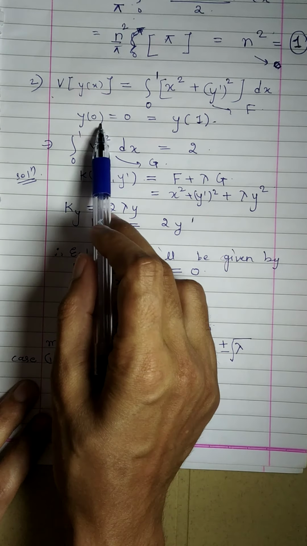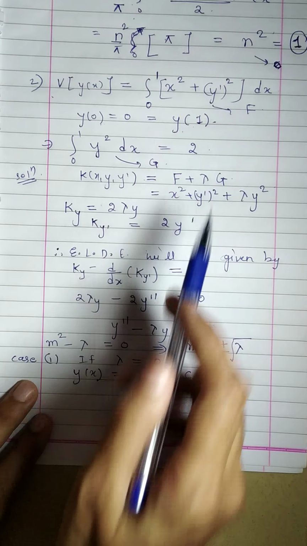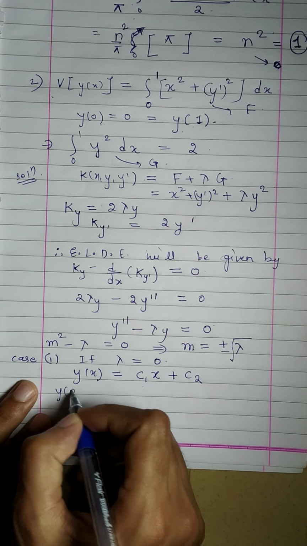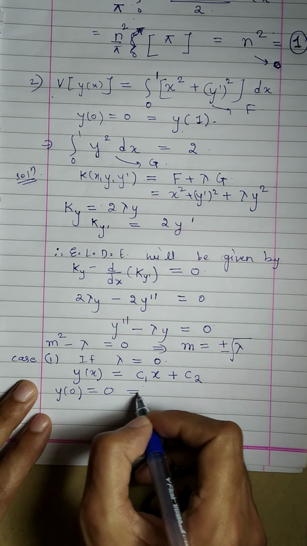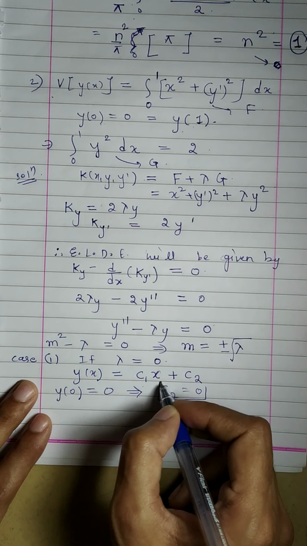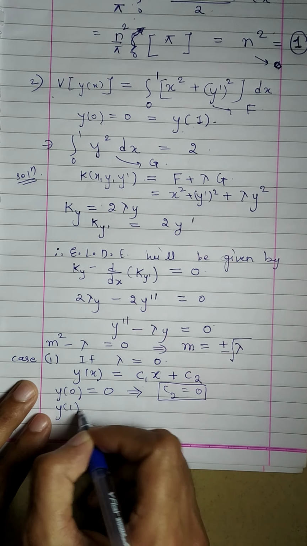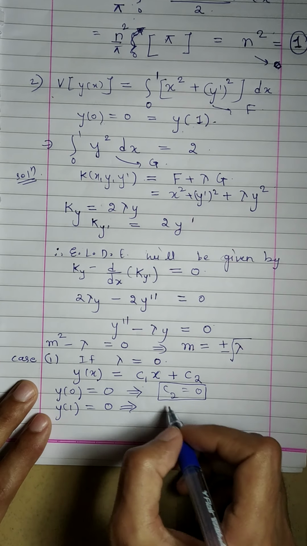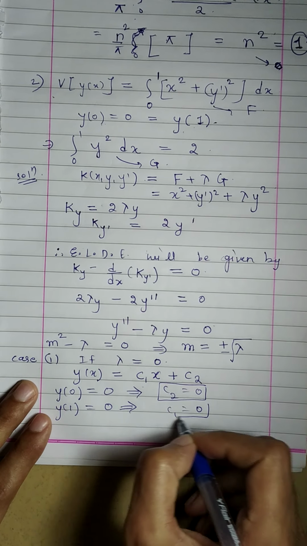Then from the boundary conditions we determine c1 and c2. y at 0 equal to 0 implies that c2 is equal to 0, and y at 1 equal to 0 implies that c1 is equal to 0.